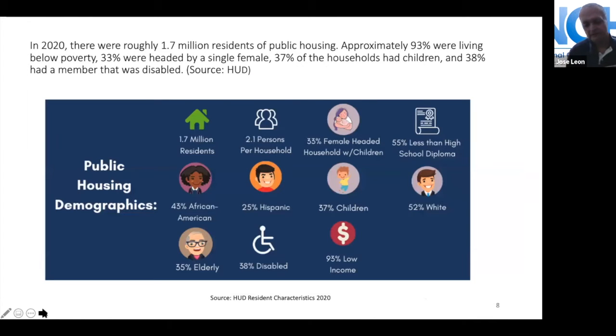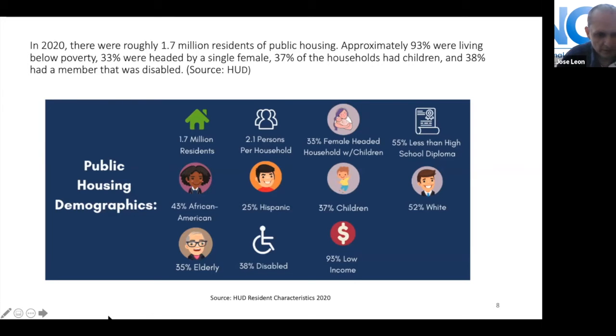This is a very interesting slide. For the purpose of this presentation, I would like you to pay attention to two particular demographics here. One is the percentage of female-headed households with children in public housing. 33% are female-headed households with children, and this is something that we are going to discuss during our session.